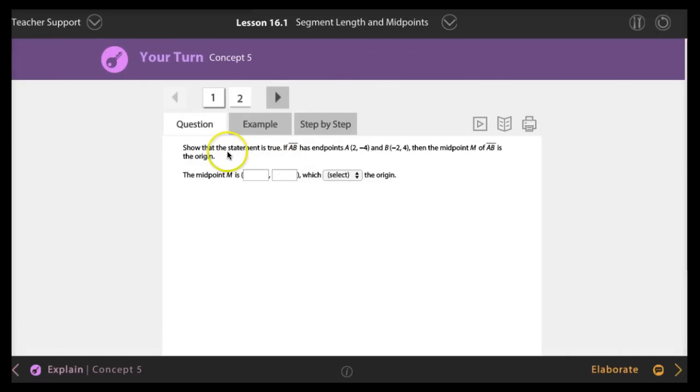So then show that the statement is true if AB has endpoints A, and they already gave you the points, and B. Then the midpoint of AB is the origin. Oh, okay. So then what do we have to do? Well, we got to add these two, divide by 2, add these two, and divide by 2. And if it ends up being the origin, that means (0, 0).